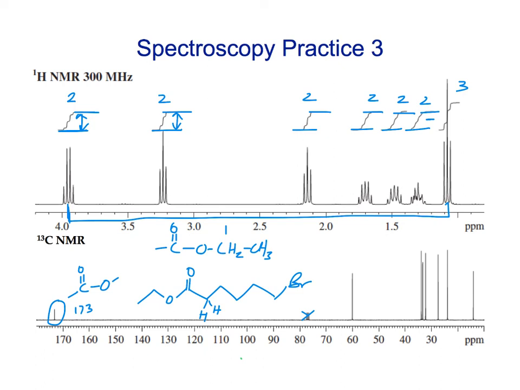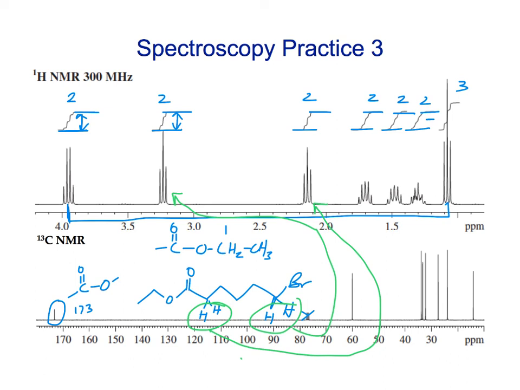So just the last thing, the 2 on the ends are both going to be triplets, because they only have a CH2 next to them. Probably the one next to bromine is going to be more downfield, because it's more electronegative. The one that's upfield here is going to be next to the carbonyl.